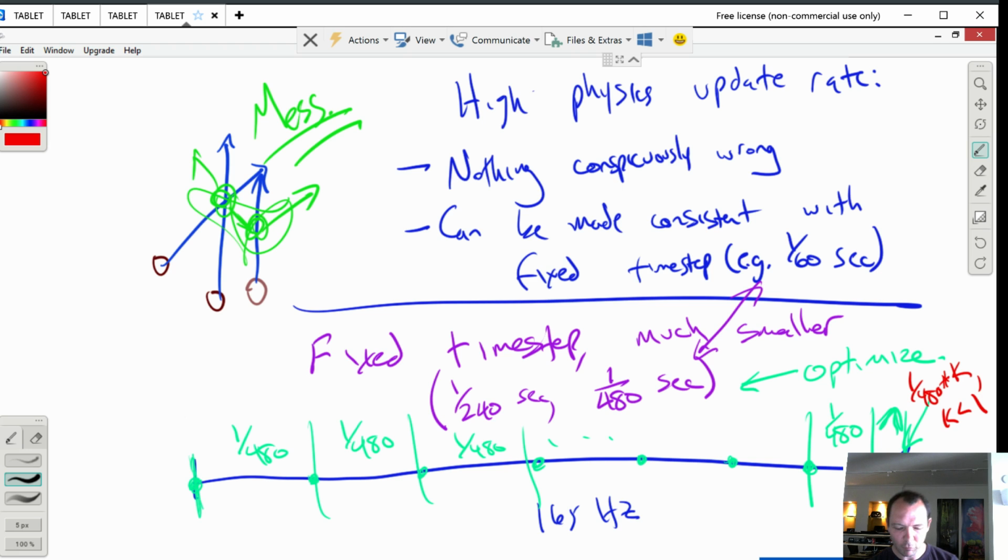Well, at a very high frame rate, if this is 165 hertz, then we don't even have any subdivisions between frames as I've drawn here, right? 165 goes into 480 about 3 times. So we would have about three segments, and then a frame, and then about 3, and then a frame, you know, whatever.